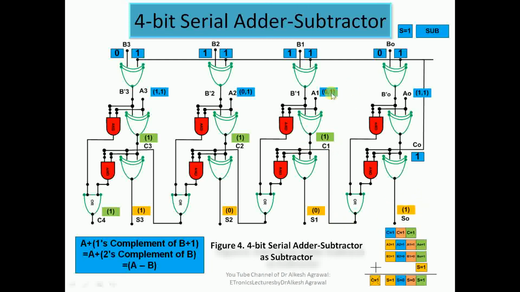Now what we have to do is add 1 plus 0 plus 1. So the exclusive OR value of 1 0 1 is 0, and the AND values are 1 and 0 is 0, 0 and 1 is 0, and 1 and 1 is 1. So finally we get a 1 as carry, which is propagated onto the next stage. Now in this stage what is added is 1 plus 0 plus 1.